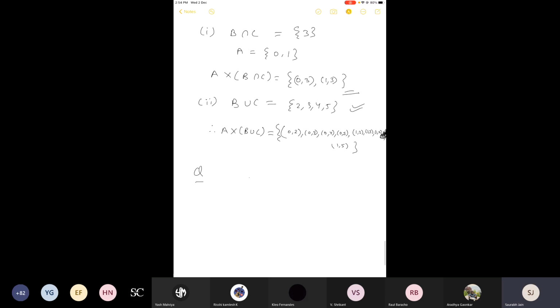What about this question? A is {1, 2, 3, 4}, B is {a, b, c}. Then n(A cross B) equals what is the answer?